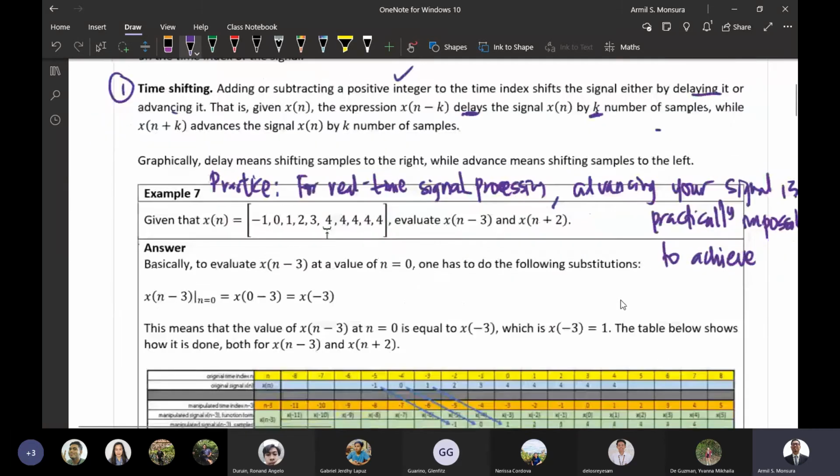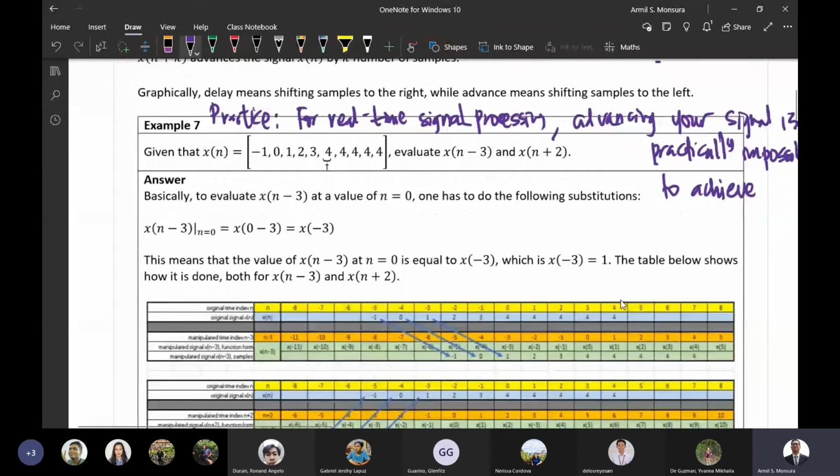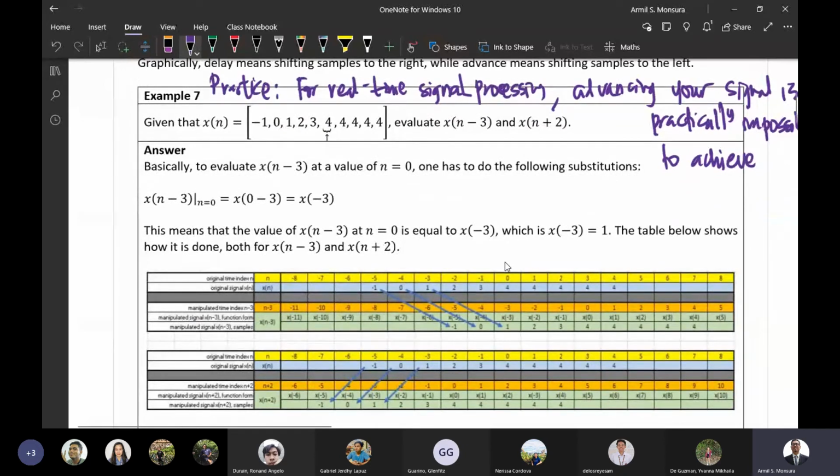Okay. So, if you look at example 7, ma-appreciate nyo dyan yung math ng signal shifting. Essentially, for example, kung meron kayong signal na given, like for example this one, and if you are asked to evaluate x of n minus 3 and x of n plus 2.